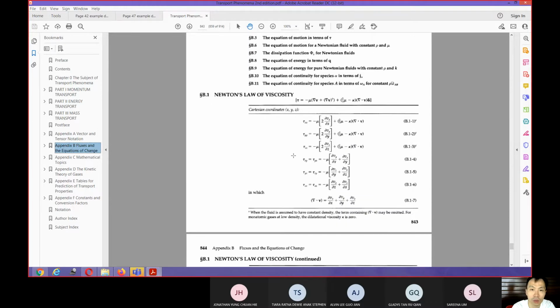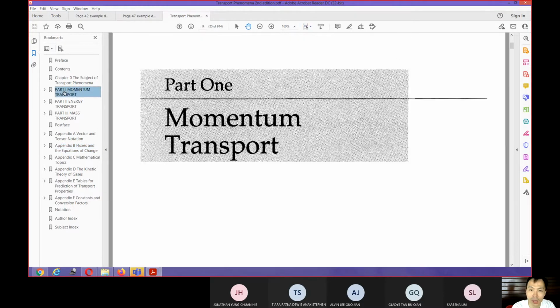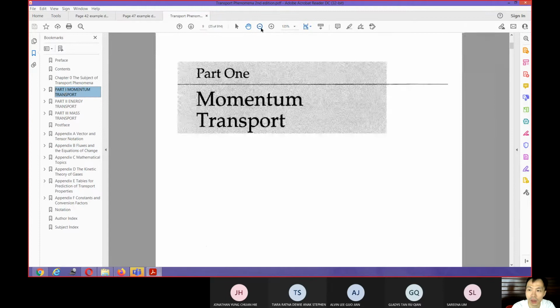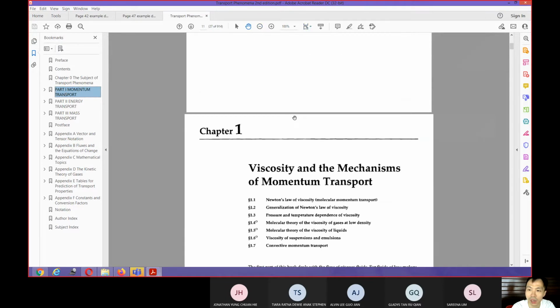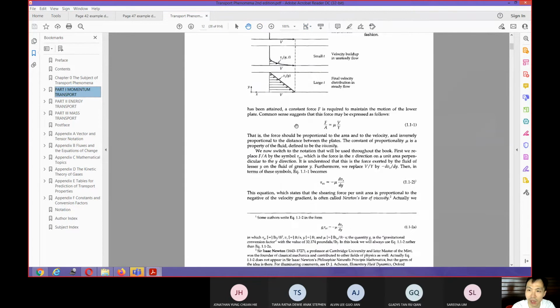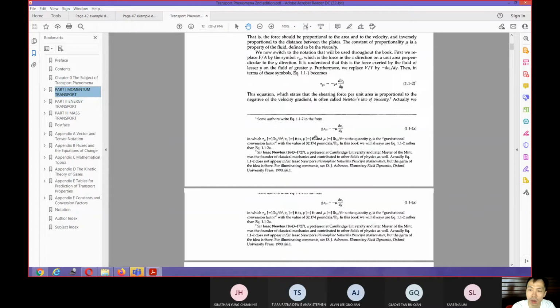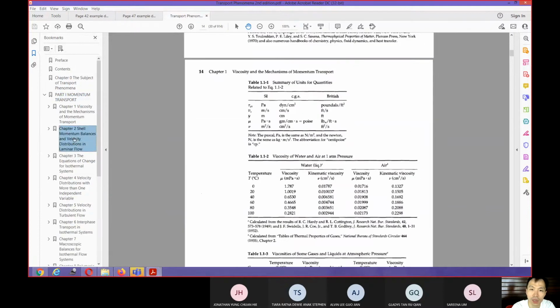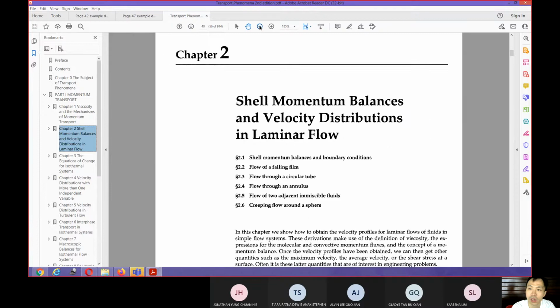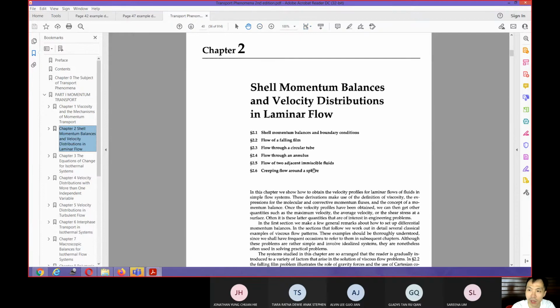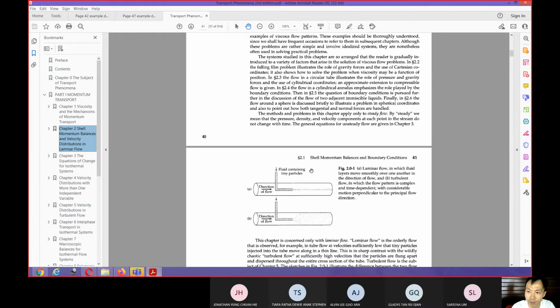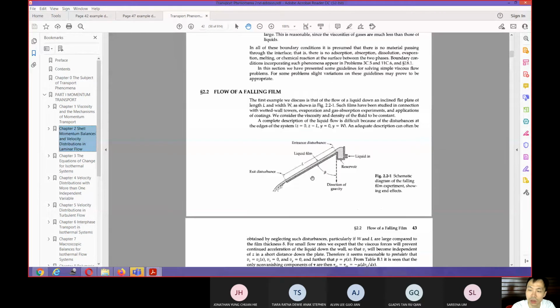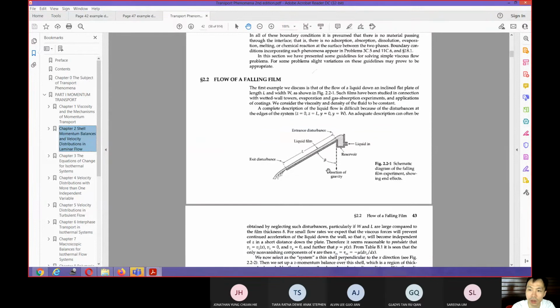You can get it from your slides, and if you are wondering where I get those concepts, go and look in chapter 1 of your momentum transport. Our example is taken from chapter 2 of Bird, Stewart, and Lightfoot, the shell momentum balances and velocity distributions in laminar flow. The first example we are discussing is the flow of a falling film.